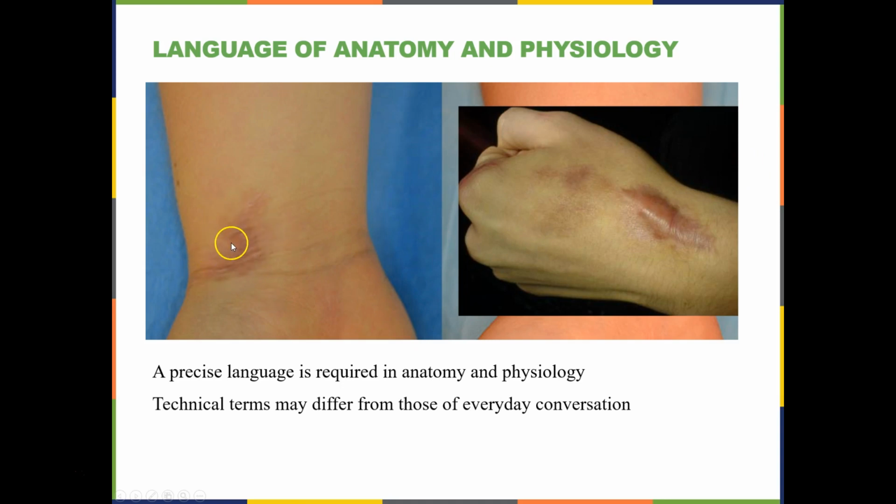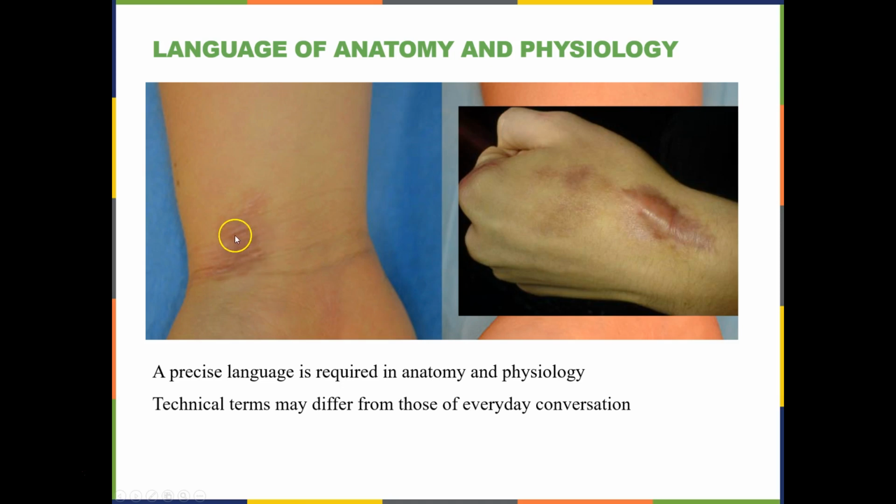So this scar is on the anterior aspect of the wrist, and this scar, I guess is the better term, is on the posterior aspect of the wrist. This is on the lateral side.